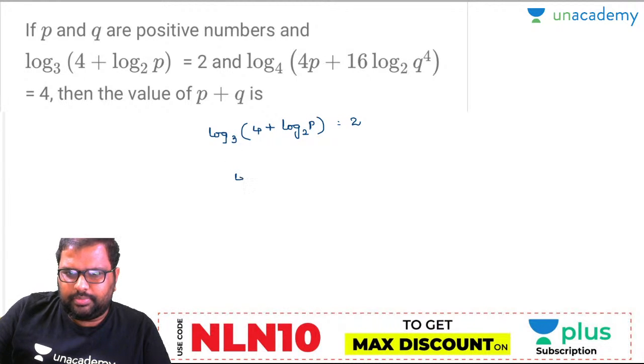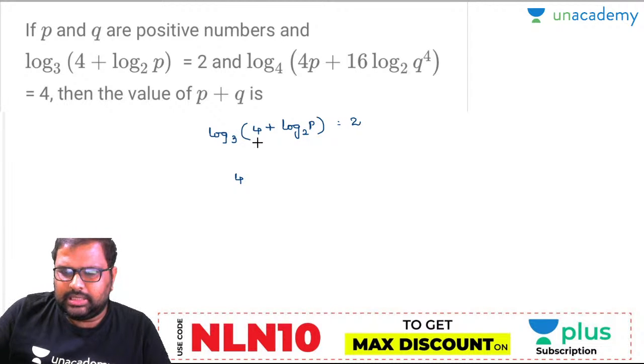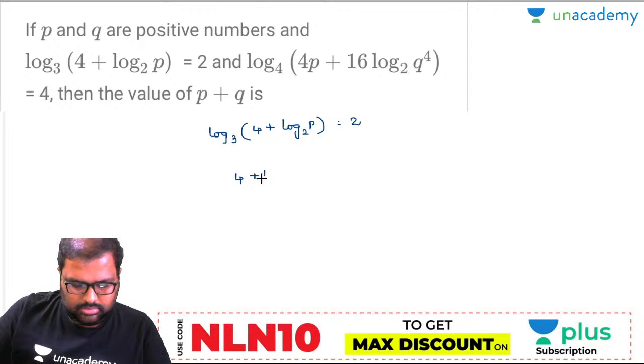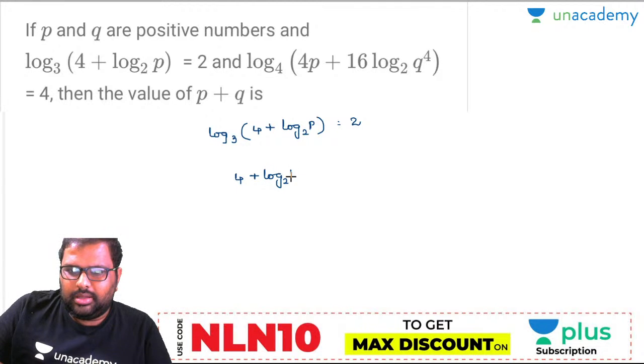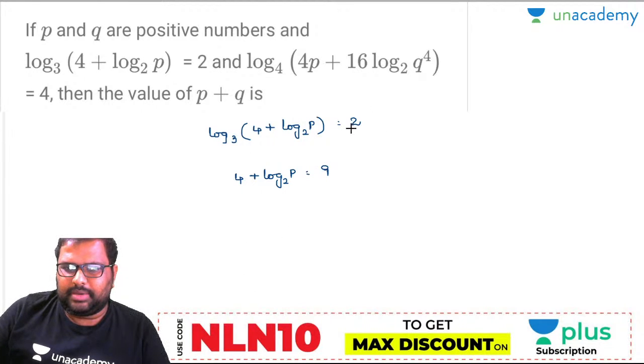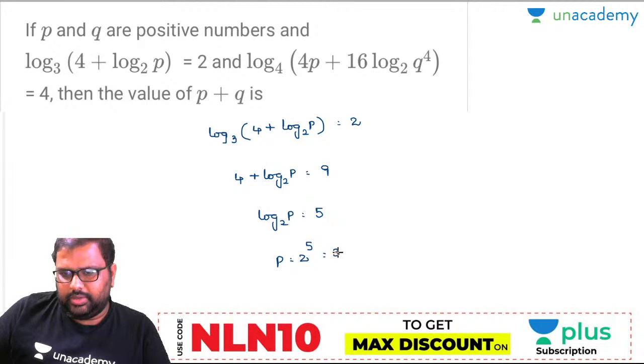Can I convert like this? 4 plus log base 2 p is equal to 3 square, 9. This is base, this is power, this is answer. Am I right or wrong? So log base 2 p is nothing but equal to how much? Is it 5? Yes. And here, this is base, this is power, and this is your answer. So p is equal to 2 to the power of 5, which is nothing but equal to 32.